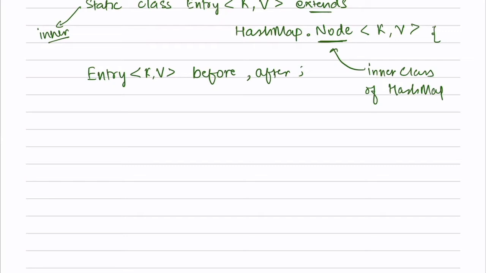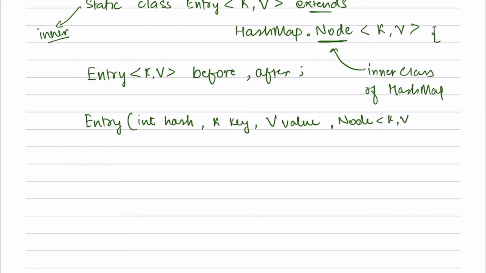Then there is a constructor inside this Entry: int hash, K key, V value, Node<K, V> next, that is for the next pointer.